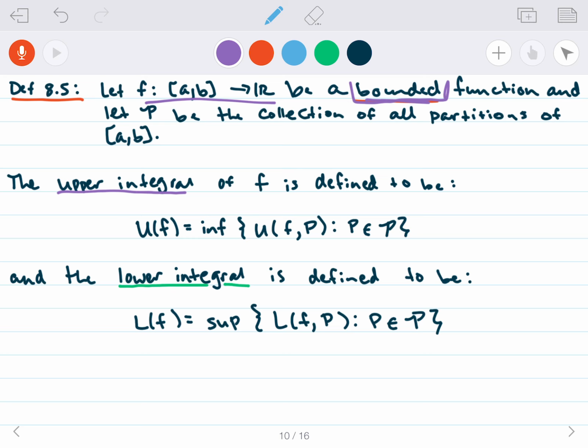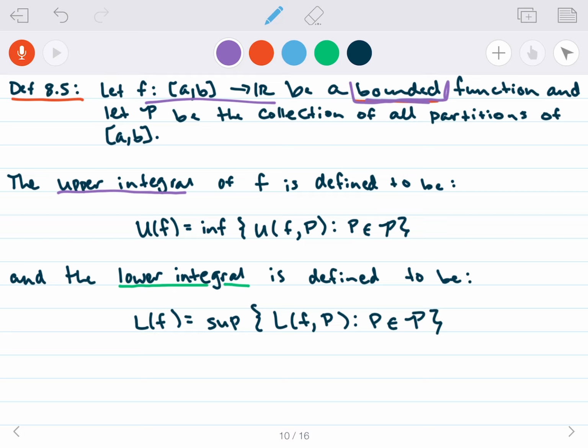Because if it's unbounded, it's either going off to positive infinity or negative infinity, and how are we going to compute the area? In more advanced classes, there are ways to do this, but for now, we cannot integrate a function if it's unbounded, okay?